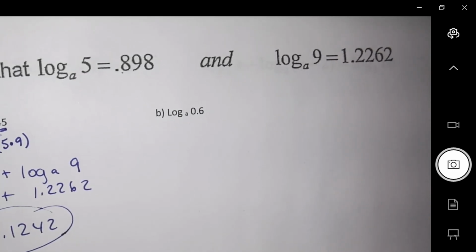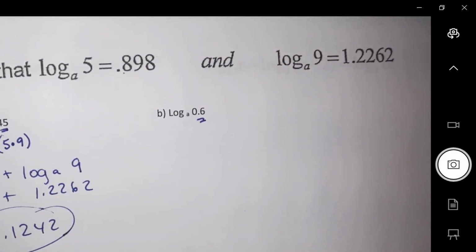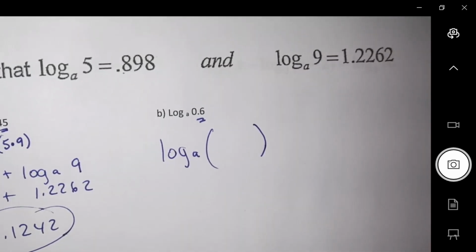Okay, this would be something on the test where I see people getting stuck. They can't figure out how I got a 0.6. Okay, you're allowed to use a 5 or a 9, multiply, divide, exponents, square roots. Can you get me some kind of combo? How to get a 0.6.